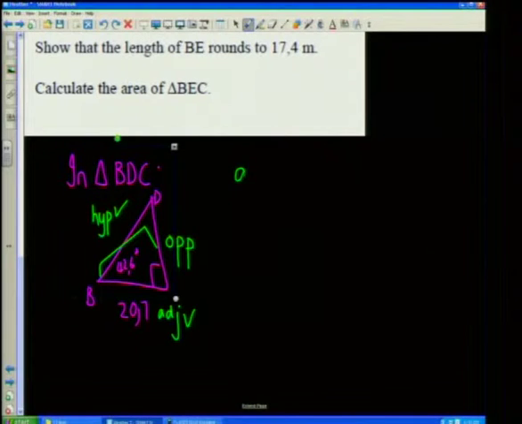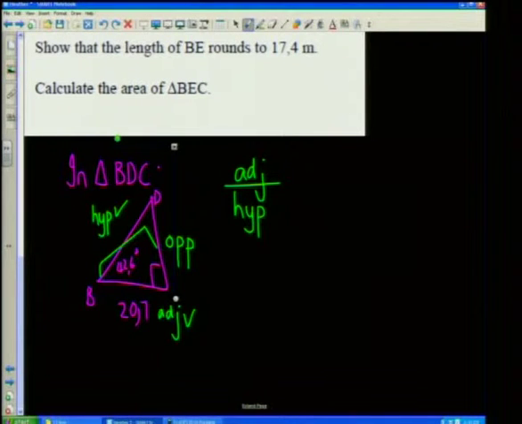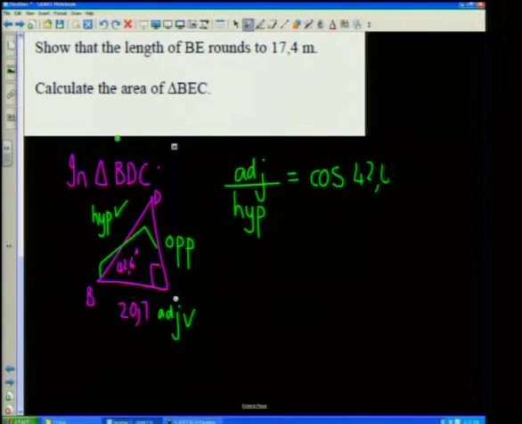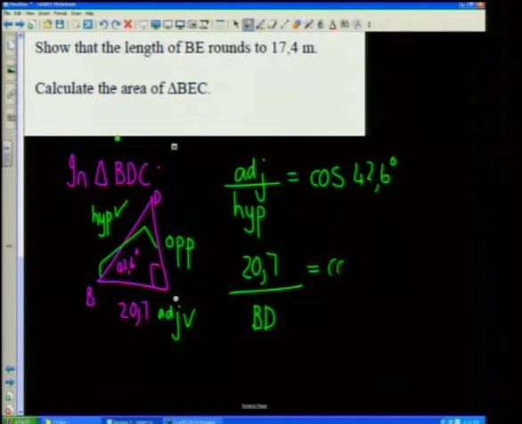and so clearly we are going to be working with, again, like in the last question, just freakishly, the same thing happened. We're working with the adjacent over the hypotenuse, and we know that that's going to be the cos of my known angle, 42,6 degrees. Okay? So my adjacent is 20,7. My hypotenuse is BD, and that is equal to the cos of 42,6 degrees.